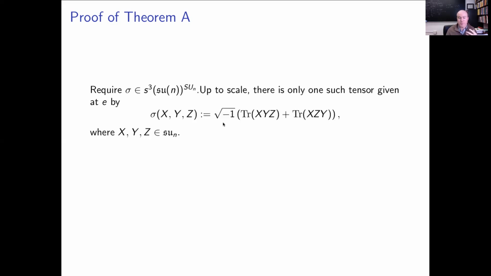Well, here's explicitly what it is. Remember, we know for abstract reasons the dimension of the space is 1, from the work of Gasqui-Goldschmidt. So here is sigma: trace of xyz plus trace of xzy or whatever, where x, y, z lie in su(N). The point of me showing you this is just so you can see everything is kind of explicit.